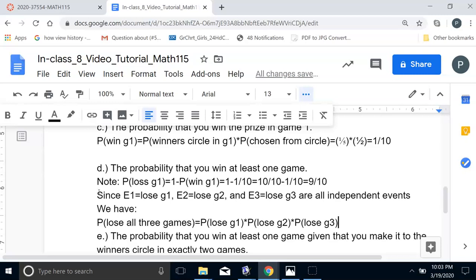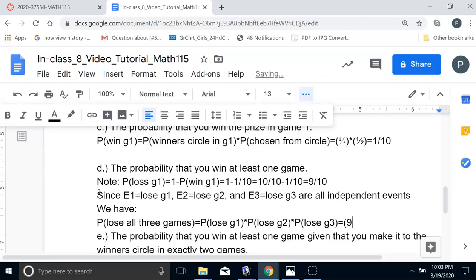And each of these is probability 9 over 10, because we've shown the probability that you lose game 1 is 9 over 10, the probability that you lose game 2 is also 9 over 10, and game 3 is also 9 over 10.